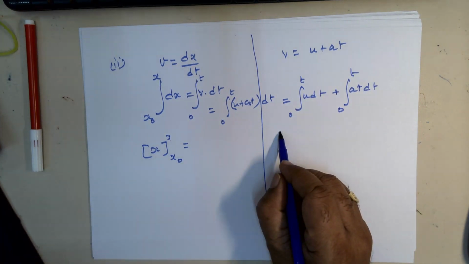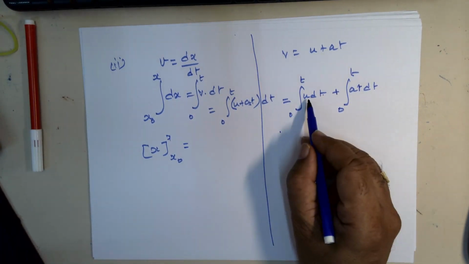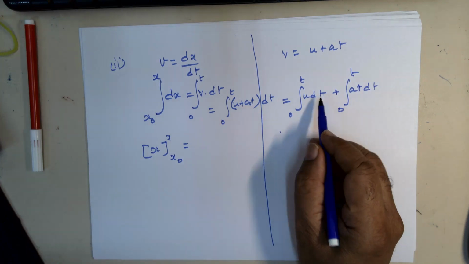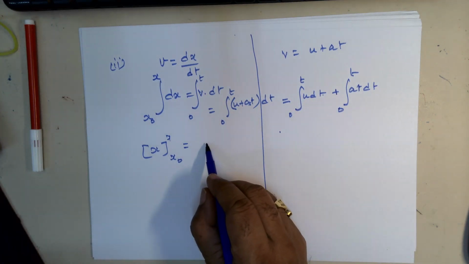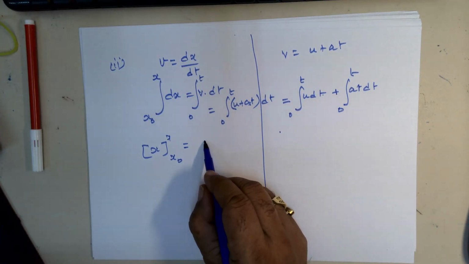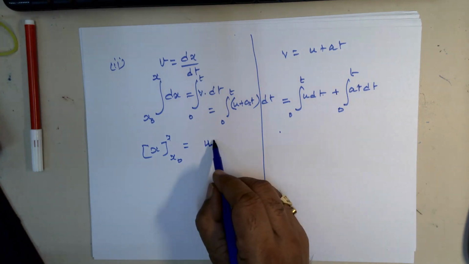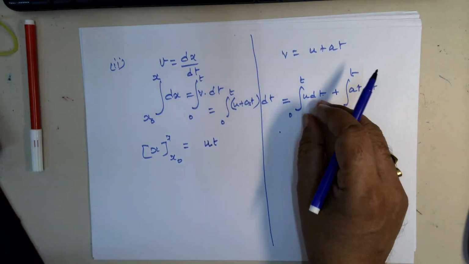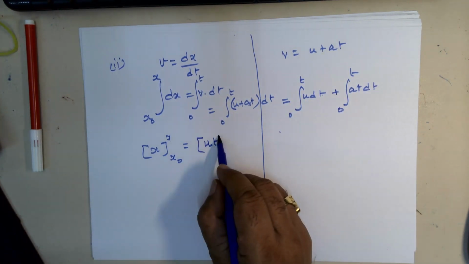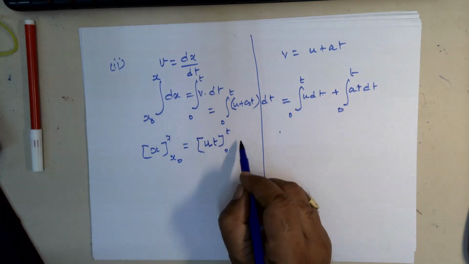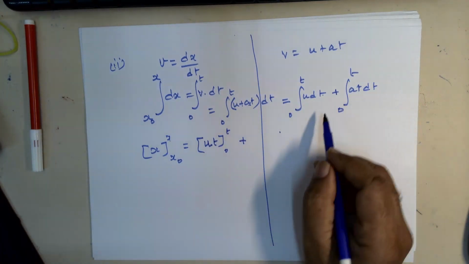Now on integration, it becomes what? u into dt means ut, because u is constant. So you can put u into t, because the integral of dt is t, between 0 and t. Plus, what about this?